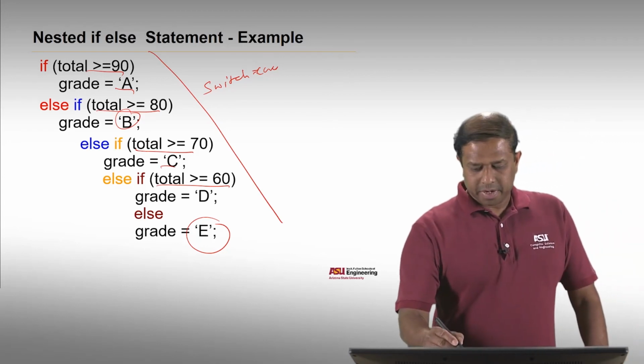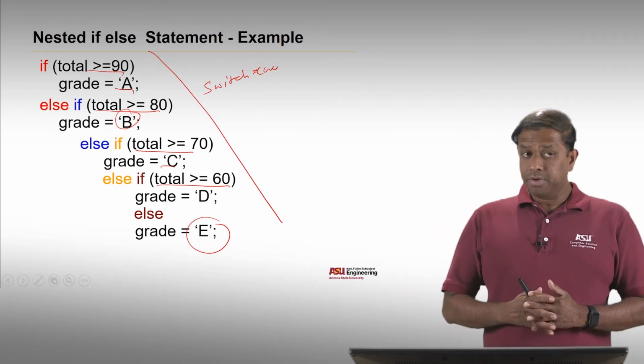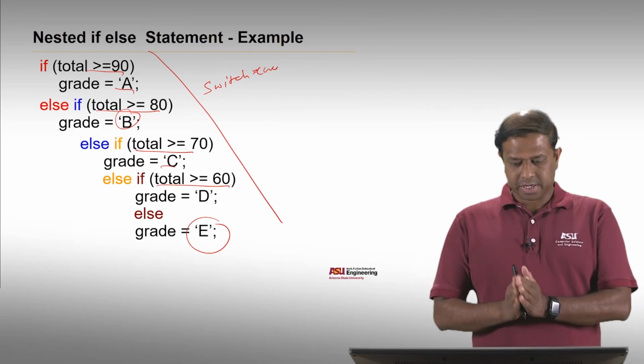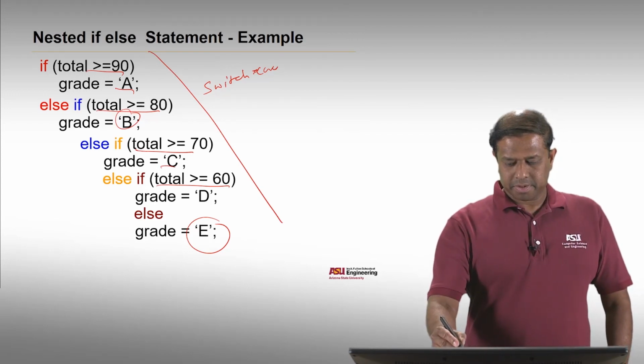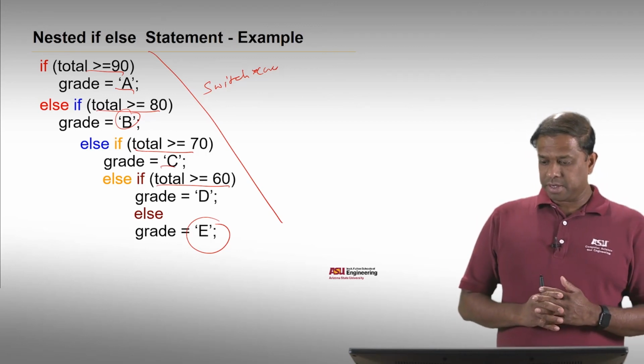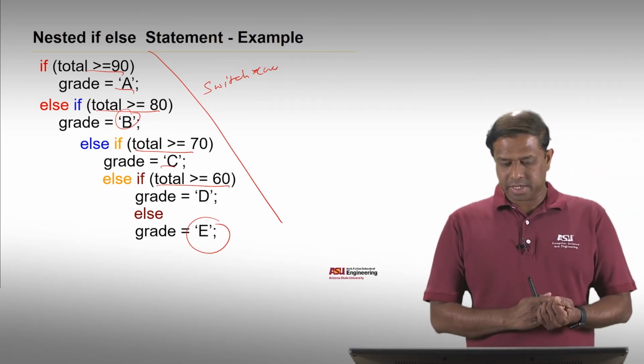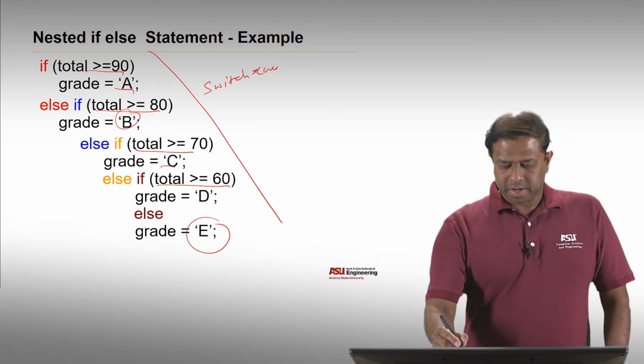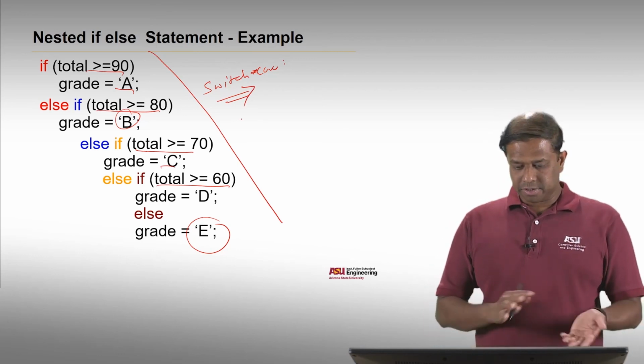So I would like you all to try it out and see how we can convert this into a switch case statement. We'll post this answer once you are done with this lecture series of selection statements. But before that, I would like all of you to see if you can actually convert this into a corresponding switch case.